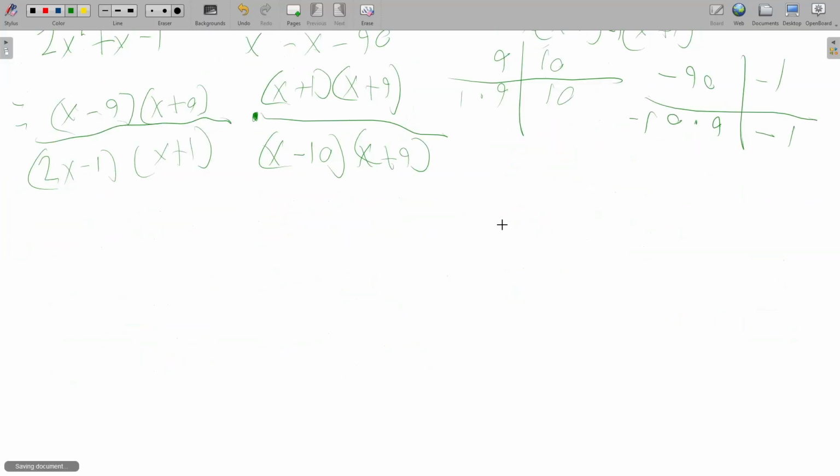Go down a bit. Okay, so this is where we're at right here, this step. Again, cancel terms. I see an x plus 1 and x plus 1, x plus 9 and x plus 9, and that seems to be, I think, about all we can cancel, if I'm not mistaken.